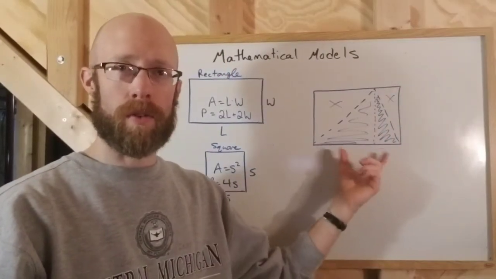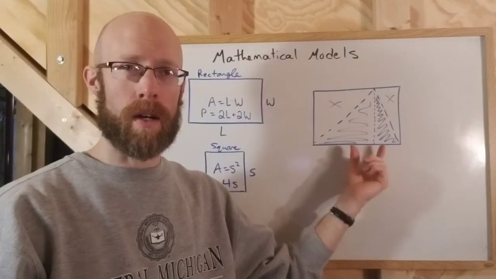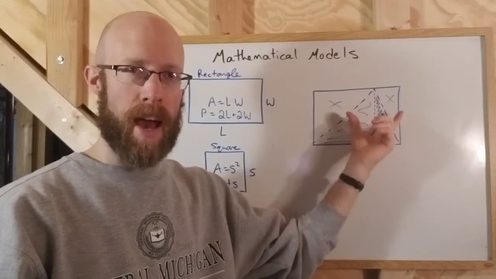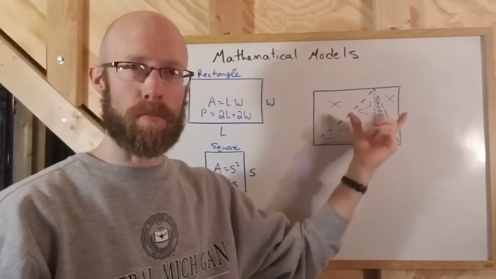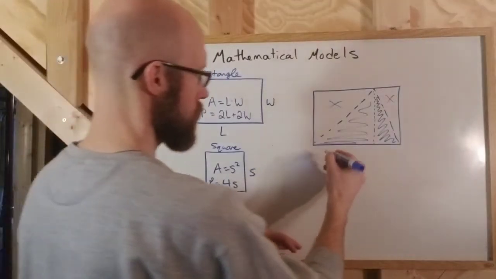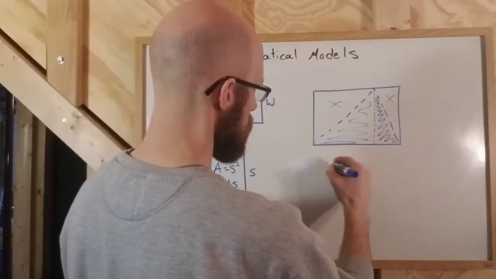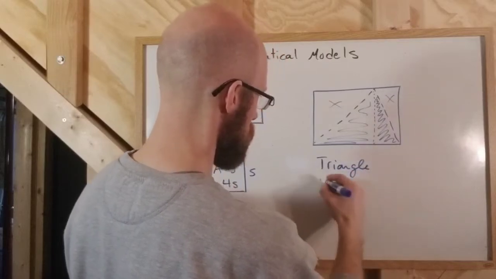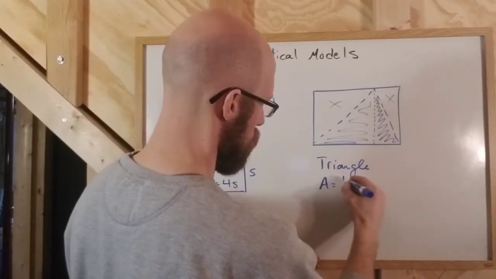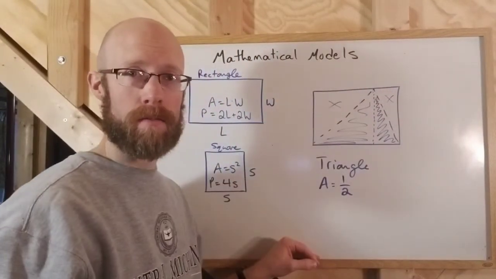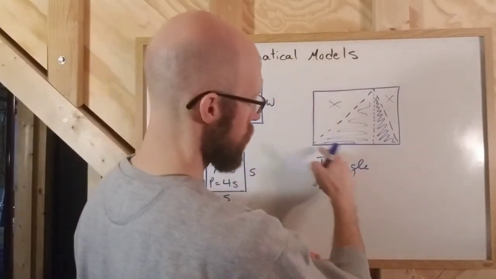And so when you combine the two triangles on the inside here, you end up with exactly half of the total area because there's an equal portion on the outside of that triangle, okay? And so that tells us that the area of any triangle is going to be 1/2 the length times the width of the rectangle, right? Half the area.